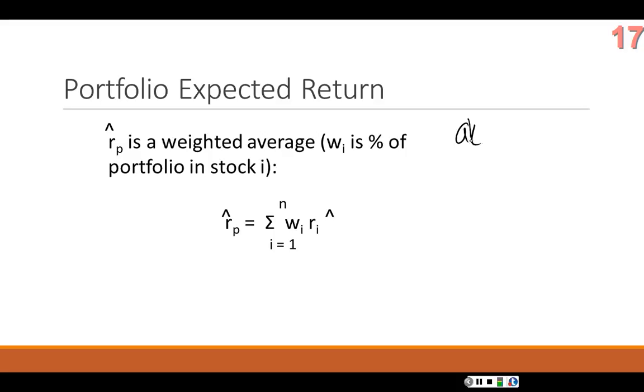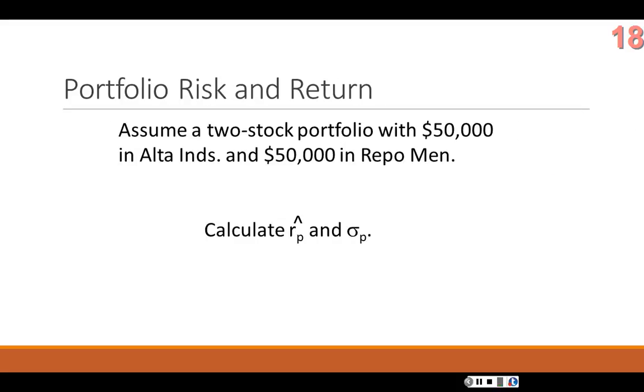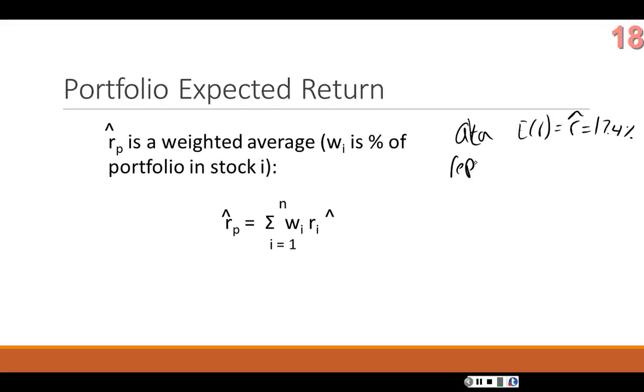So Alta had an expected return of 17.4%, while Repo had an expected return of 1.7%.